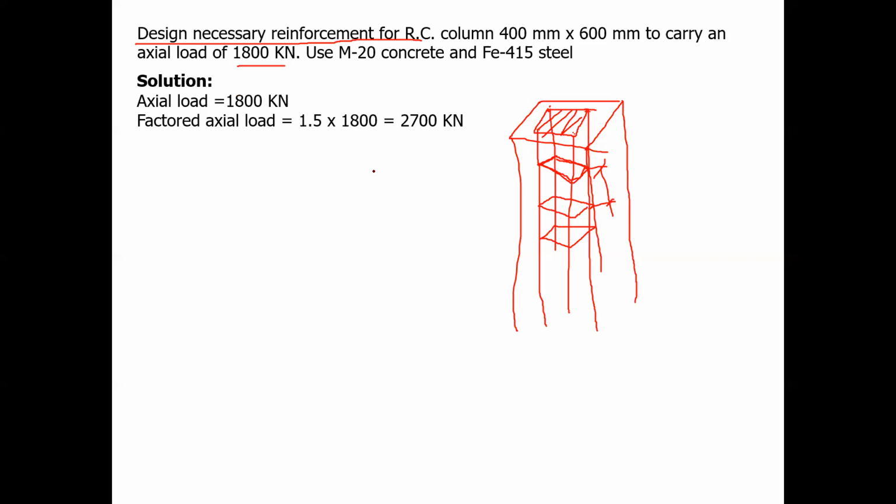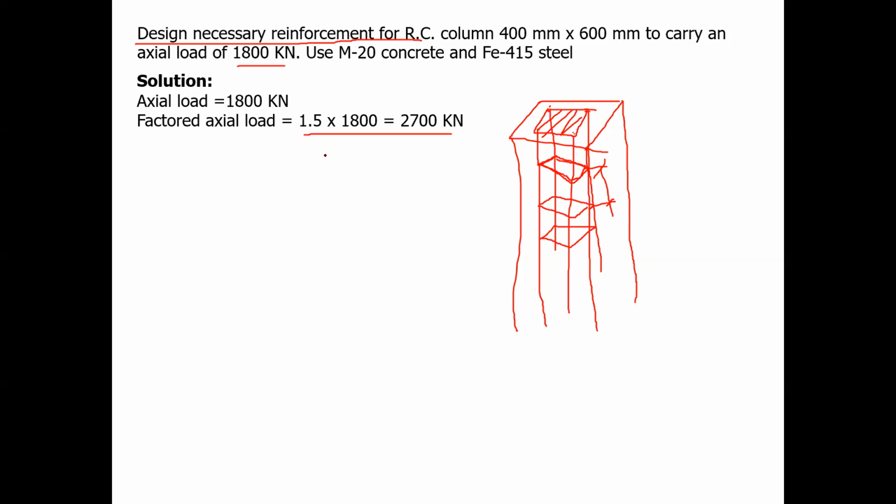Solution. So here axial load is given, 1800 kilonewton. Convert to factored load and check whether you are getting 2700, that is 1.5 into 1800. How much are you getting? 2,700.